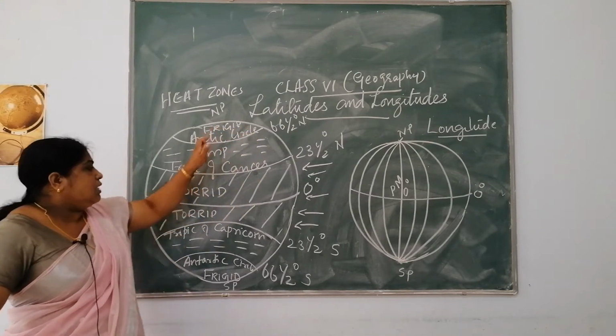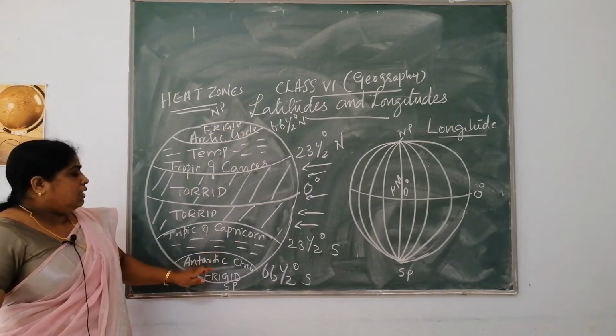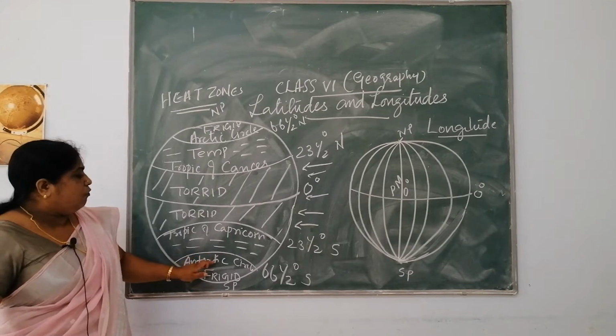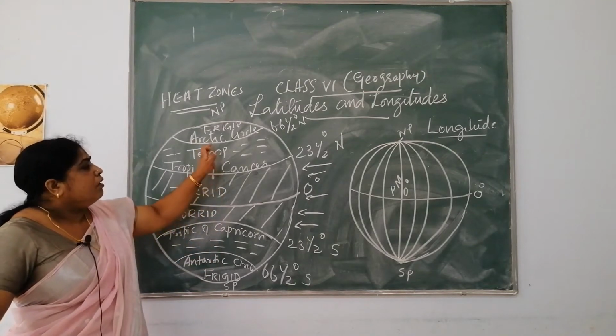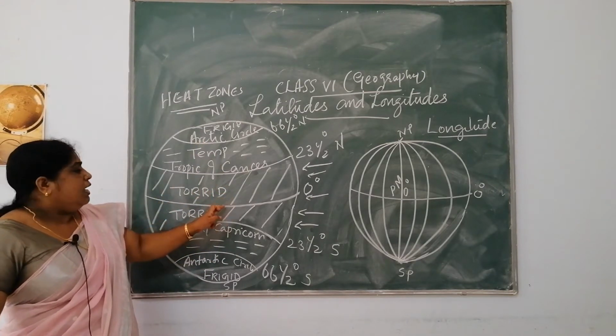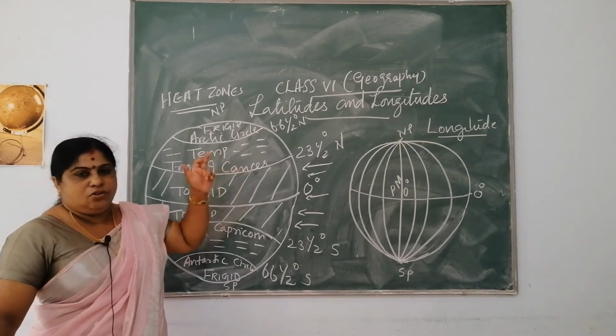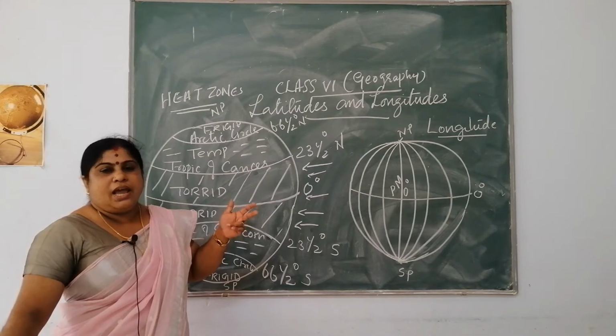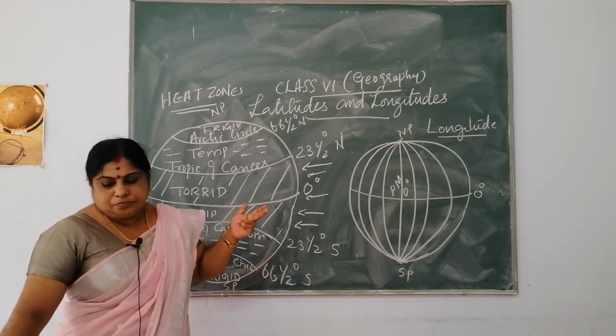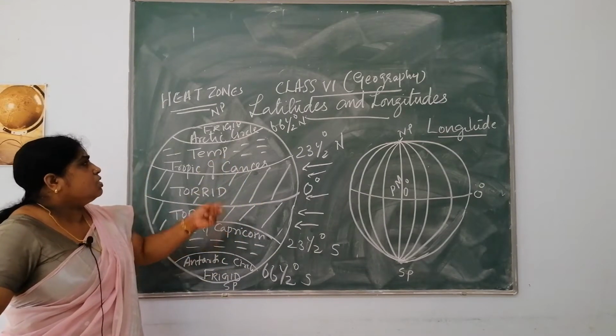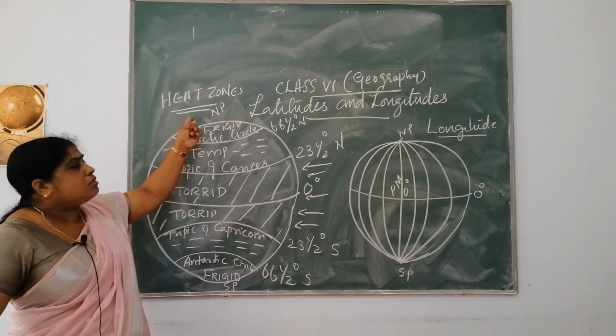So these are the three important heat zones formed as a result of the division of latitudes. Which are the three heat zones? They are the torrid zone, the temperate zone and the frigid zone. So this is in relation to heat zones.